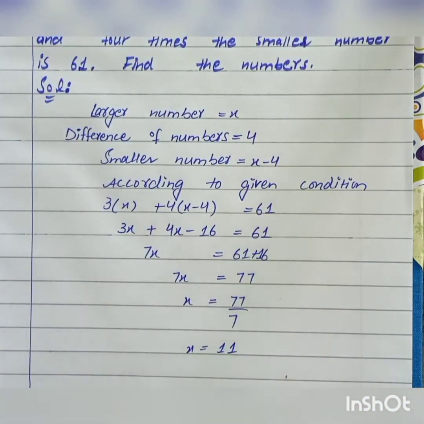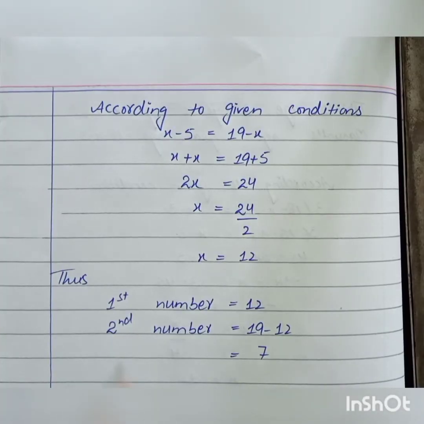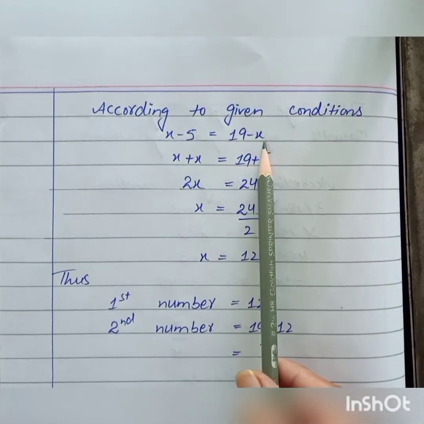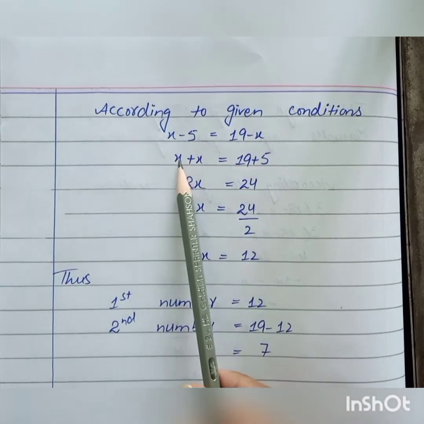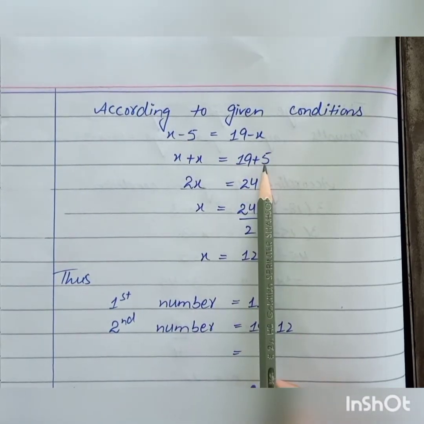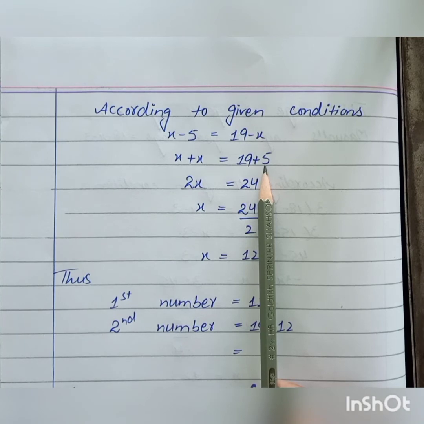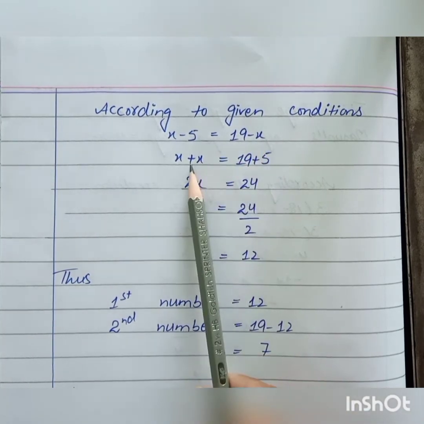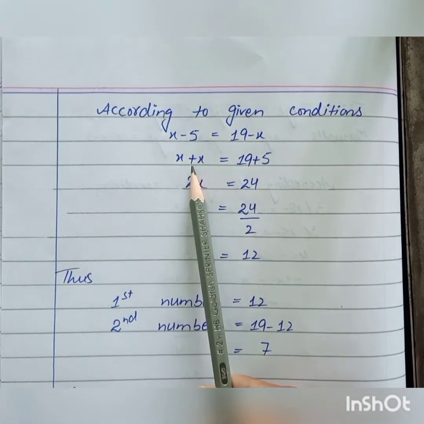So according to the given conditions, x minus 5 is equal to 19 minus x, where x is as it is. Minus 5 going to the other side of the equality becomes positive 5, and minus x going to the other side becomes plus x.